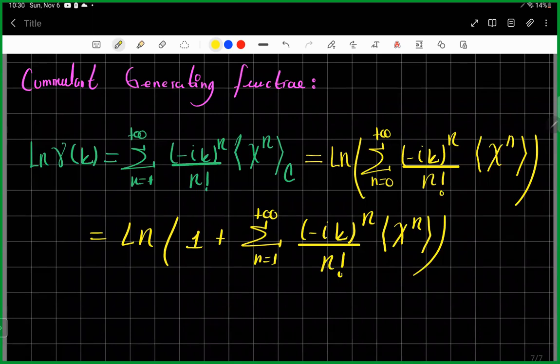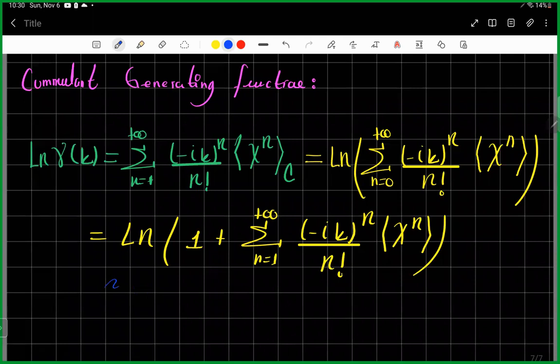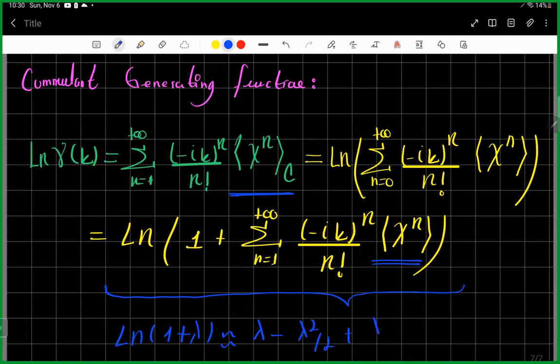What I'm going to motivate in our next video is the relationship between the cumulants and the expectation values of order n, by Taylor expanding the logarithm of 1 plus lambda, for instance, which is approximately equal to lambda minus lambda squared over 2 plus lambda cubed over 3 minus lambda to the fourth over 4, etc. Then we can establish a relationship between the cumulant expansion and the expectation values.